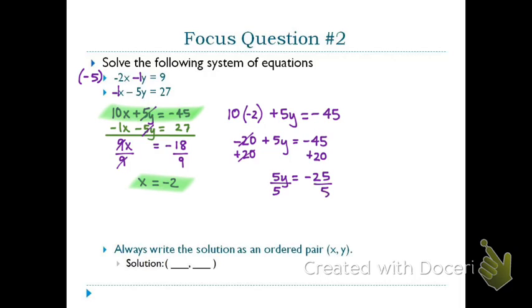Divide by 5. And we find out that y is negative 5. Alright. Cool. We have coordinate 1, coordinate 2. Let's put them in order and find our solution. Negative 2, negative 5.